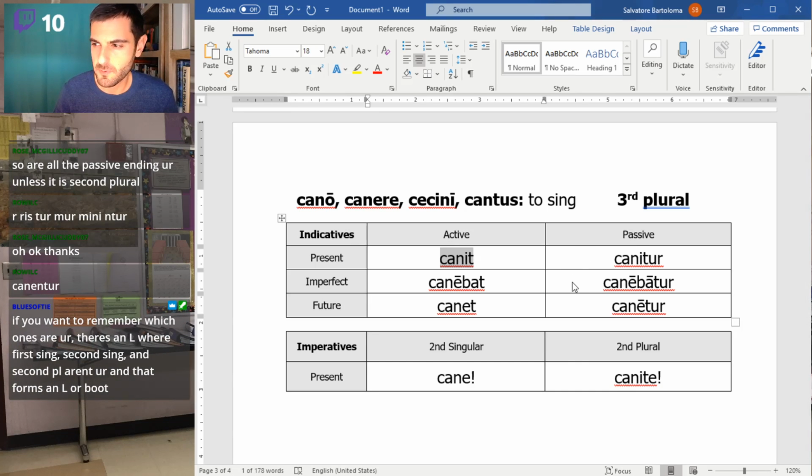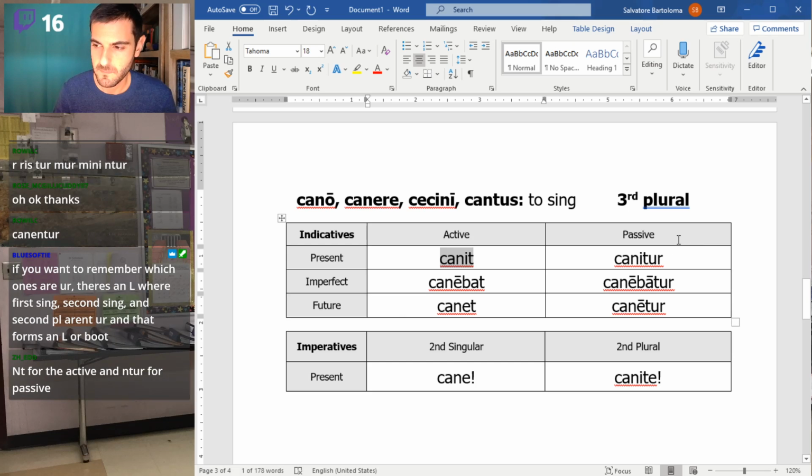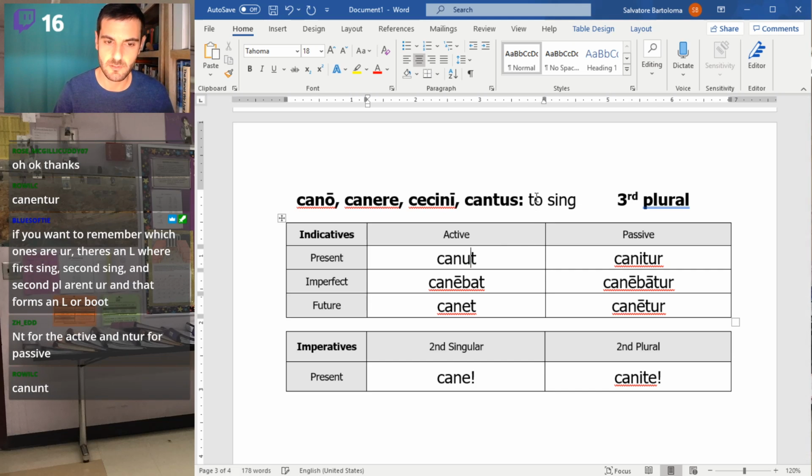Conit, what's the plural version? Yeah, we're going to change a little bit more here because it's not going to be conint. It's going to be conunt, right? So we have conunt and conuntur. And then the rest of them, you're just changing the T to NT.